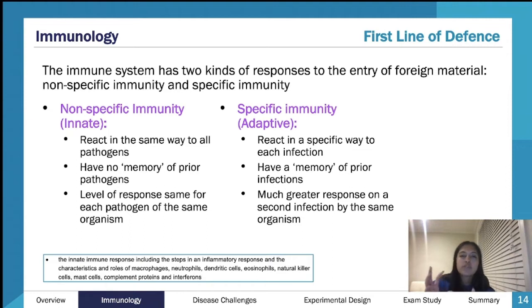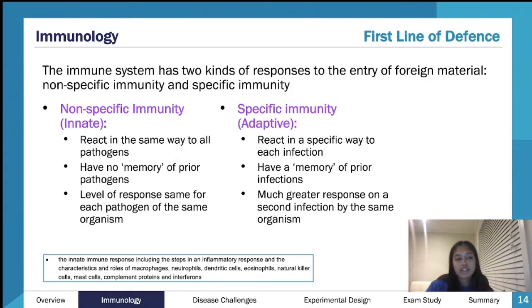This idea of memory will make more sense when we talk about adaptive immunity, but it's one size fits all. You could be infected with the same bacteria over and over again, but the innate cells won't recognize it, whereas in adaptive, you do recognize it. And the level of response is the same for each pathogen of the same organism.